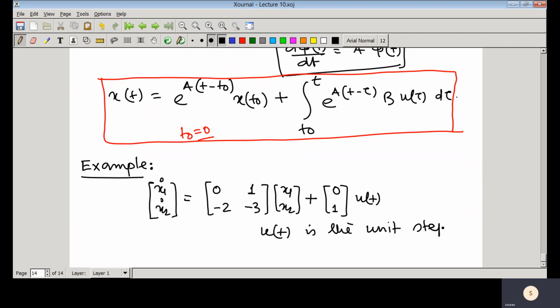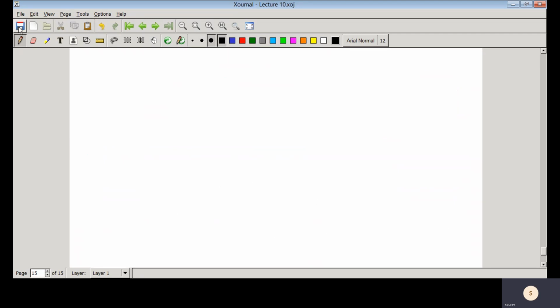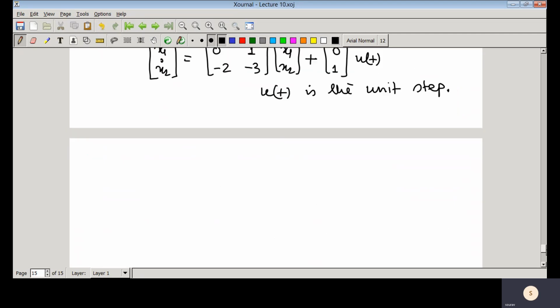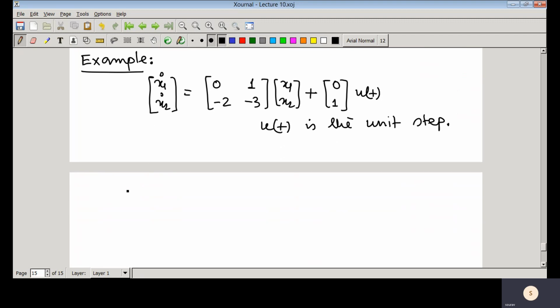We are interested in what would be the state transition matrix for this particular system equation. So find the state transition matrix. For finding the state transition matrix, you need not know the output matrix. That's why I am not writing it here.